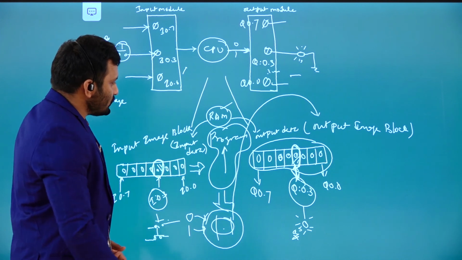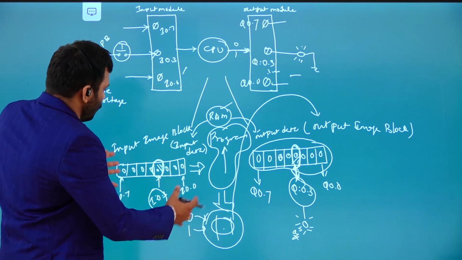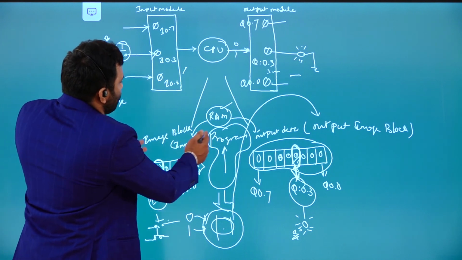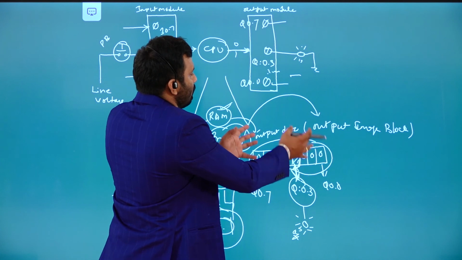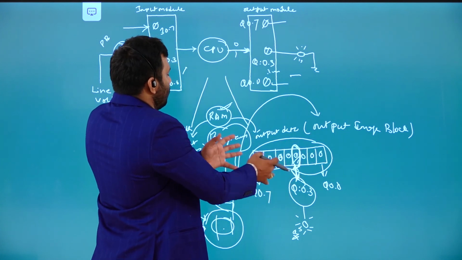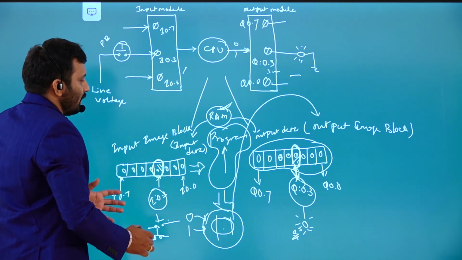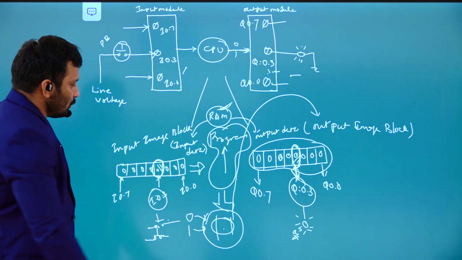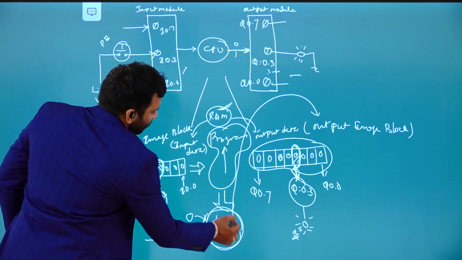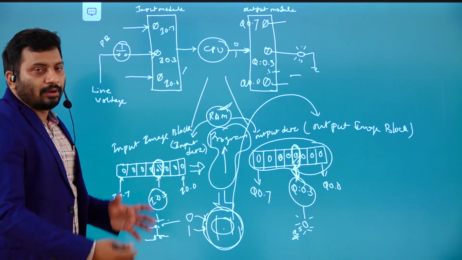So in this process, this input image block is stored in the RAM only. The output image block is also updated by the CPU in the RAM only. The program you need to write is what we need to discuss here: how you can write programming for a particular application.